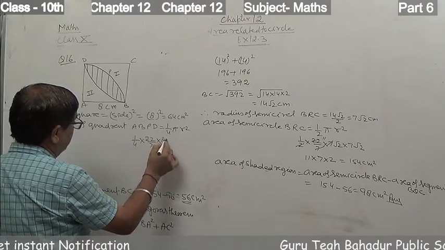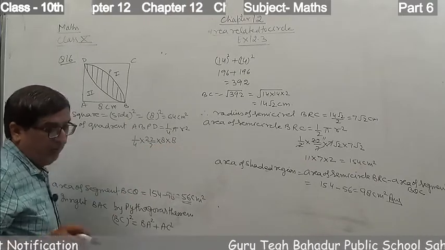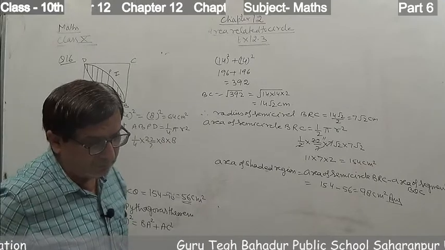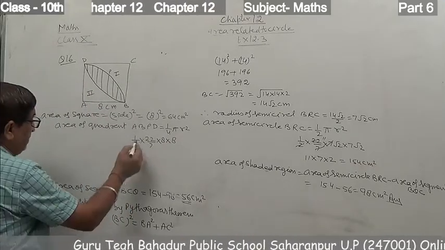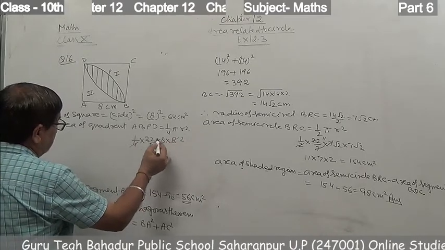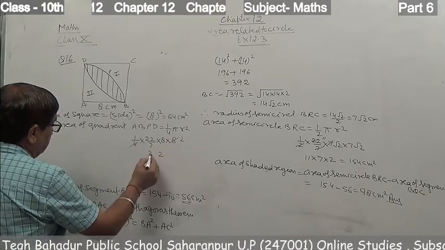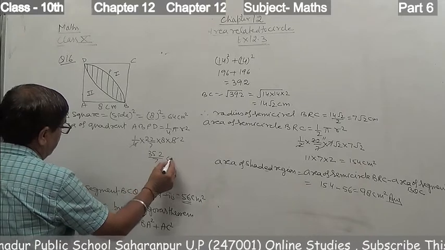R is 8. This 4 to the 8, 8 to the 16, to the 32, 32 and 3, 35.